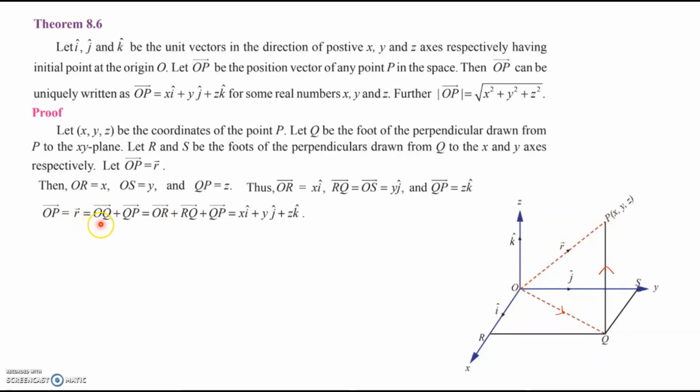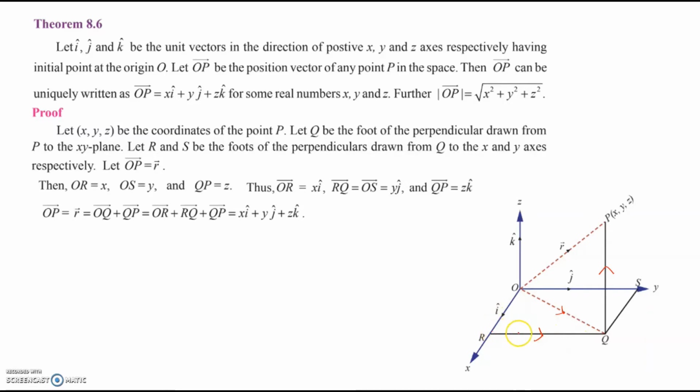So we have that here, OQ vector plus QP vector. That's very simple. Then the OQ vector, which is the first one, can be expressed as OR vector plus RQ vector.